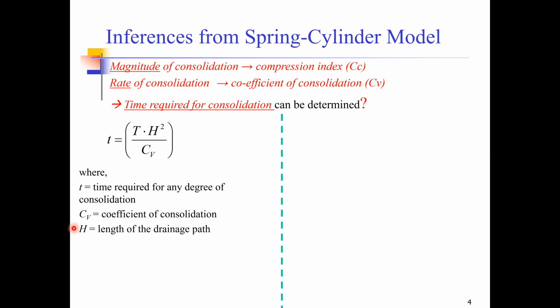This length of the drainage path is generally either taken as T, in case of one-way drainage, or it is taken as T by 2, that is thickness of the consolidating layer by 2, in case of two-way drainage. Now, what is one-way drainage and what is two-way drainage? That is something that we'll study in the coming slides. So I'll just move forward for the time being.